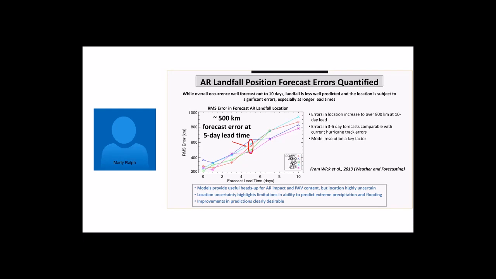Let me highlight how we now represent, diagnose using model forecasts, the uncertainty in AR forecast position or strength at a given position. On the lower right, you see a red little square that's showing a location on the coast, and then that points to the upper left diagram, which is all of the different forecasts of AR integrated vapor transport, which I'll call IVT, from 21 different forecasts run by the National Weather Service.